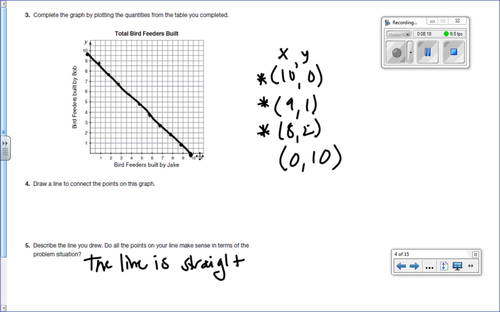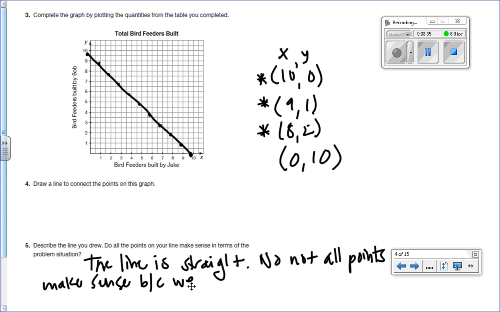And in this case, they don't. So no, not all points make sense, because we don't need to include fractional parts.